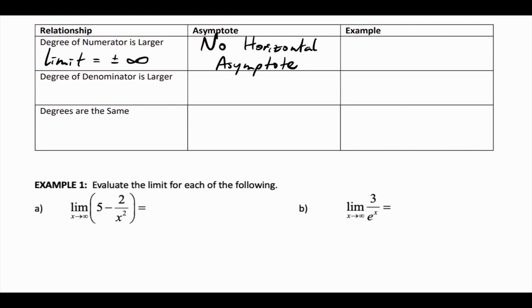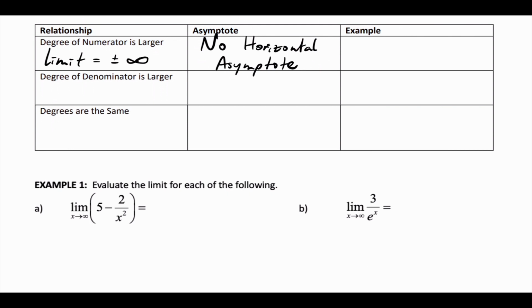No horizontal asymptote, if that's the case. Okay? Because the limit is either going to go up forever or down forever. Can't cap it. A horizontal asymptote caps it. Can't go above this line. Can't go below this line, right?